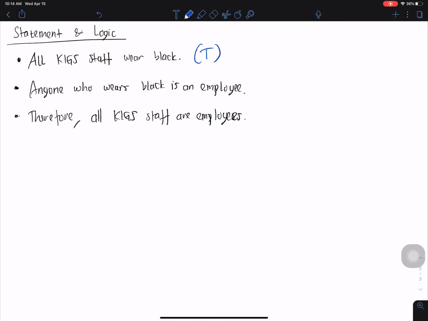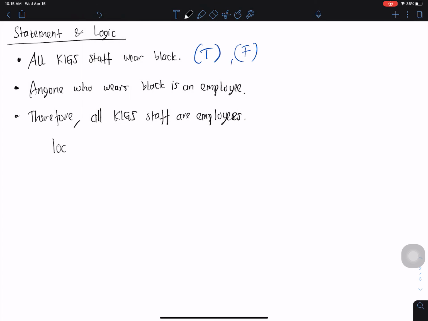But if, since the beginning till today, you already saw a staff that does not wear black, you will say that this is false. So it's not that true and false happen at the same time, no, but you can tell based on the facts.